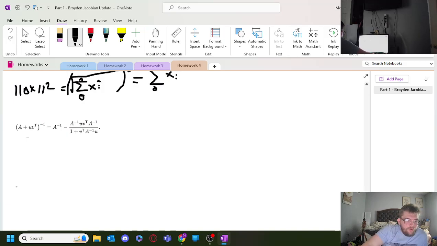The way this works is we're going to end up replacing A with our Jacobian inverse.